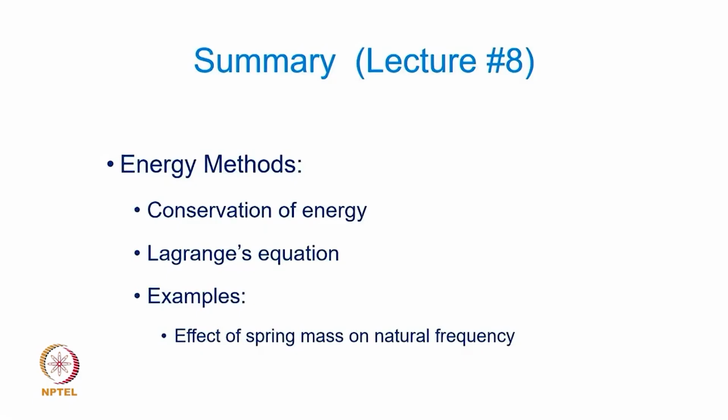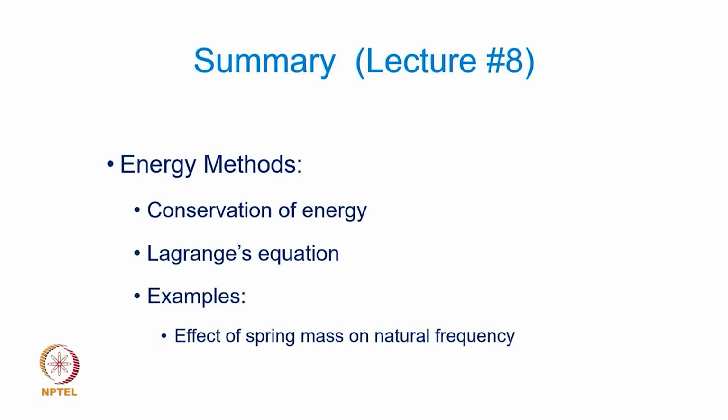So, to summarize this lecture, we had a good introduction to the energy based method as an alternate to the Newton's law based method of getting the governing equations of motion. Within the energy methods, we explored several alternatives. The ones which are used more are the conservation of energy, where we take the derivative of the total energy to be equal to 0.